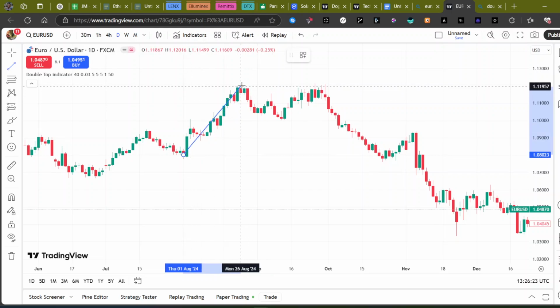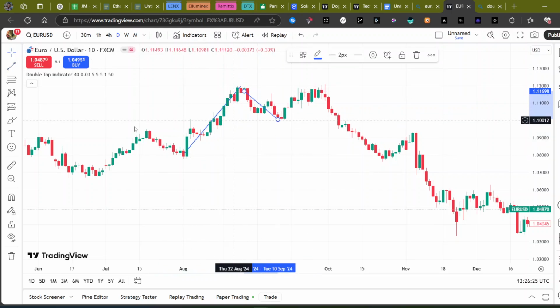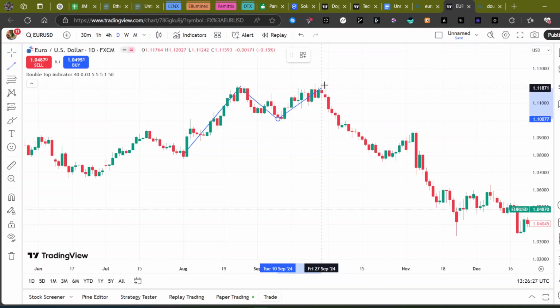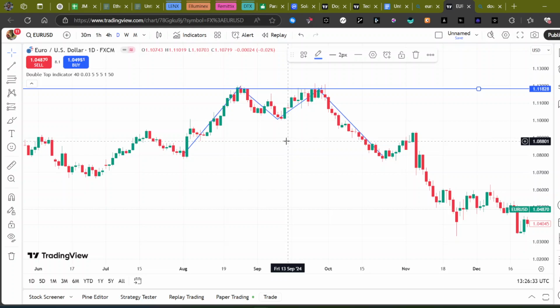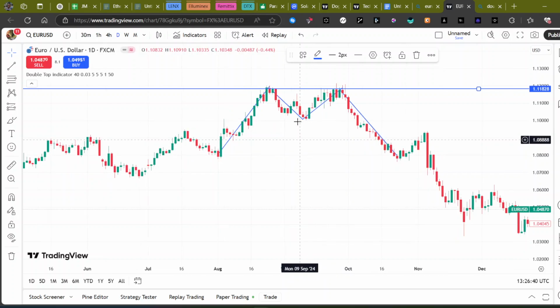You can see an M pattern. This gives us a double top. So the double top pattern is a key chart formation that helps traders identify when a trend is losing momentum and might be about to reverse.